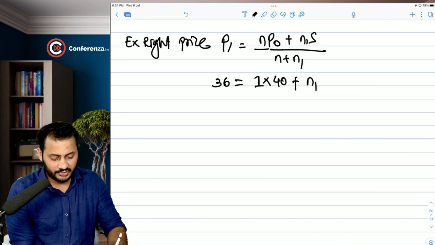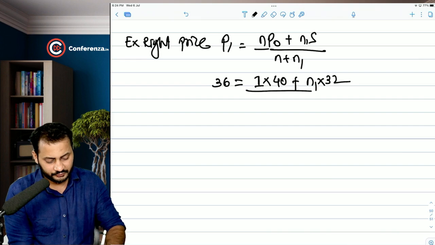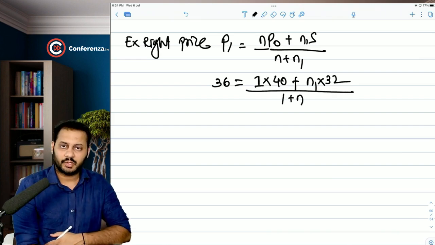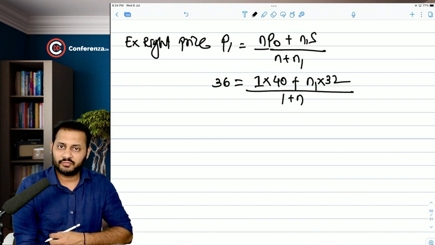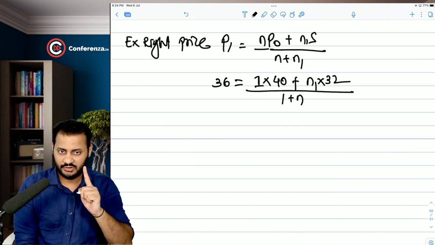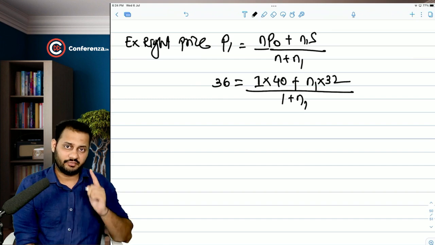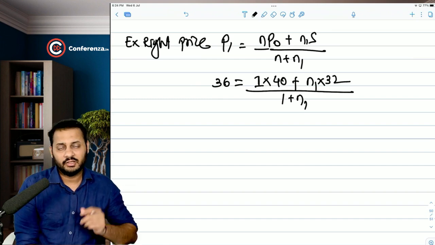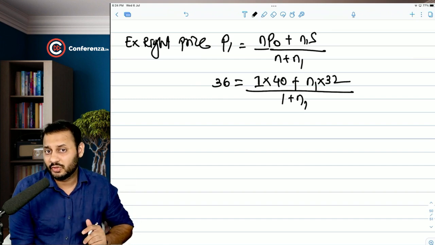N1 we have to calculate. Subscription price is 32, and 1 plus N1. Am I right? So I have taken the number of existing shares as 1. Whatever N1 comes out to be, we can easily calculate the ratio after that.